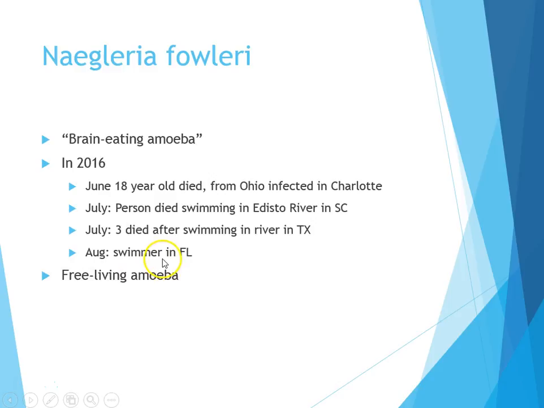In August, there's been a swimmer in Florida to die. And I think the news article said that the patient was in a private pool, pond, I'm not sure exactly what.